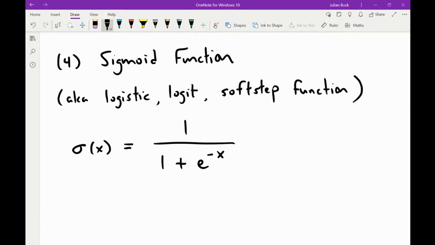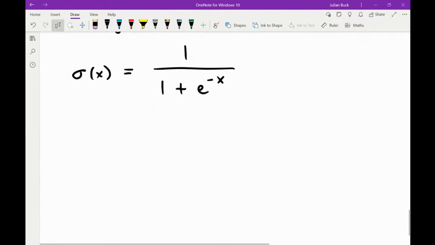Okay. And so when we use this as the activation function of a perceptron, it's often given a special name.